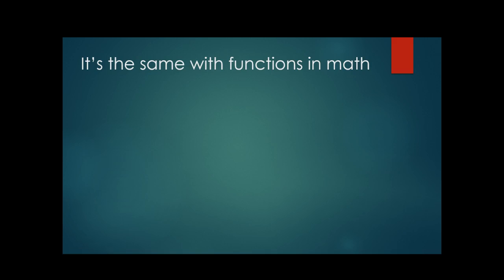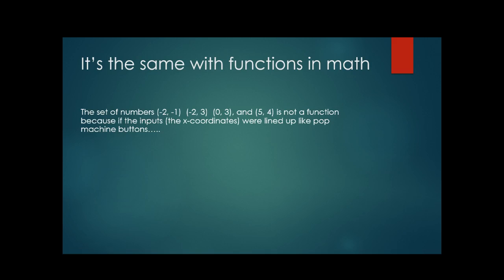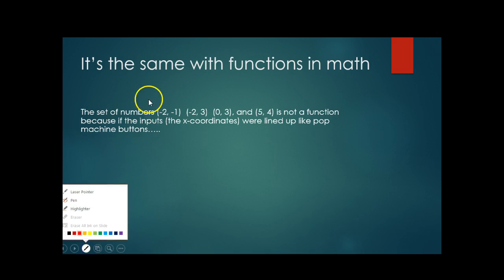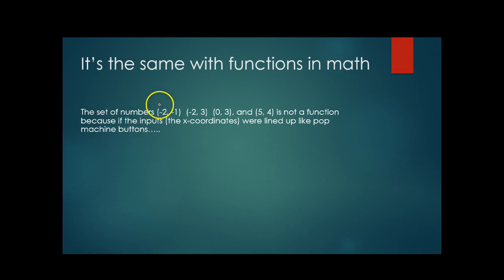It's the same with functions in math. You have a set of numbers. These are ordered pairs set up as xy coordinates. In this set right here, (-2, -1), (-2, 3), (0, 3), and (5, 4) is not a function because of the inputs, which are the x coordinates. I'm going to put a little red dot above each one.